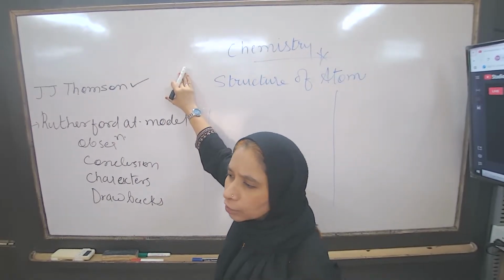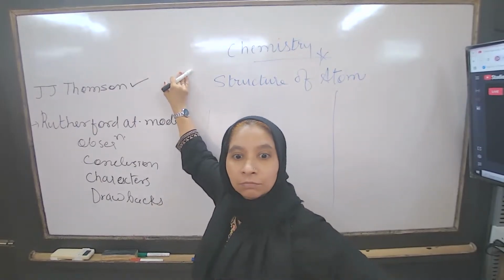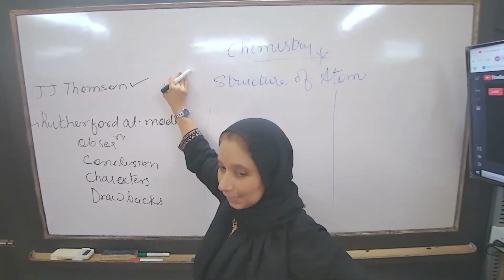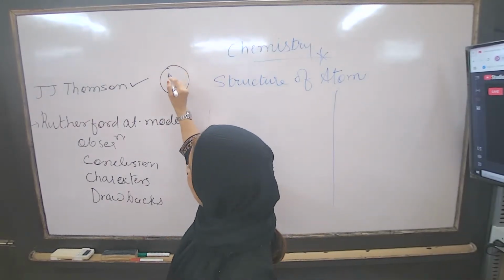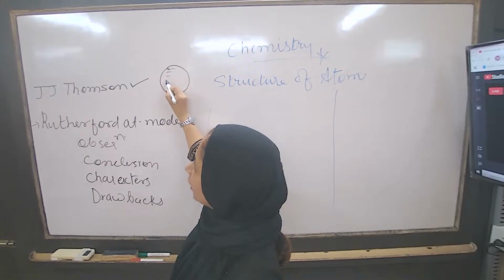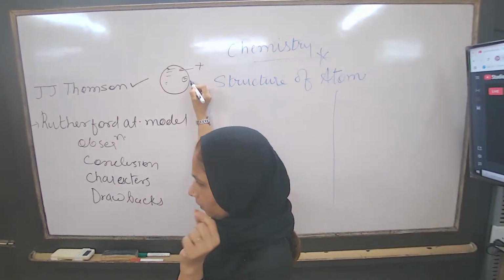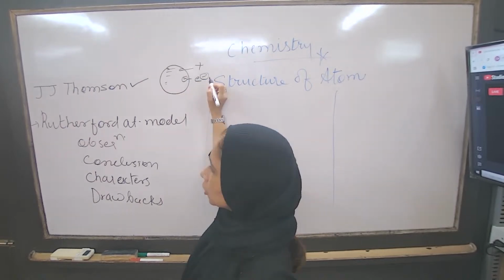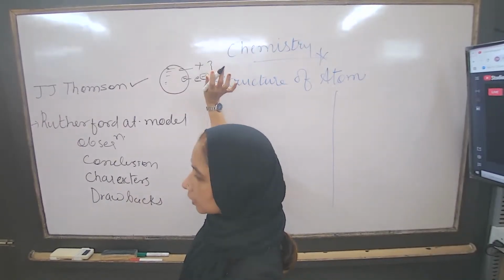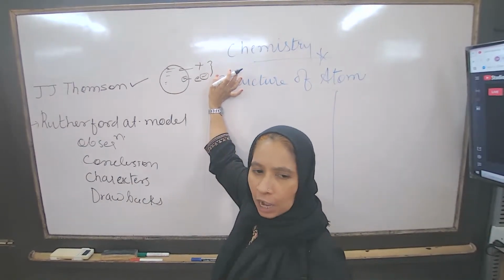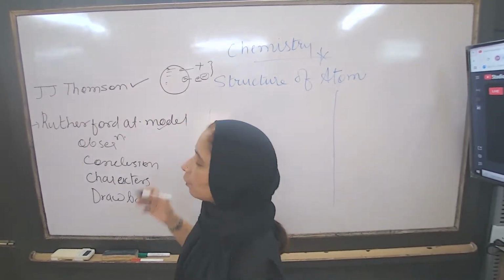The red part is positively charged, and the black seeds are negatively charged. So the atom is somewhat like this: the red portion is positively charged, and in between, small seeds are present that are negatively charged. The complete mass of the atom is balanced, positive and negative. He did not describe anything more than this.